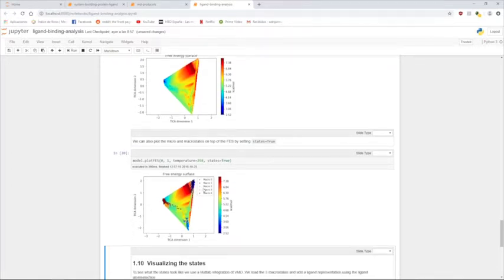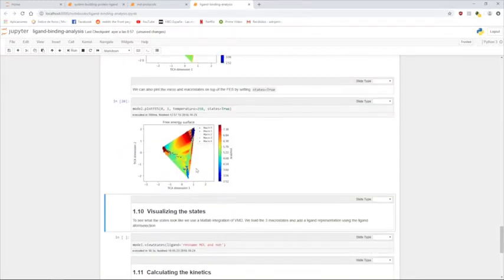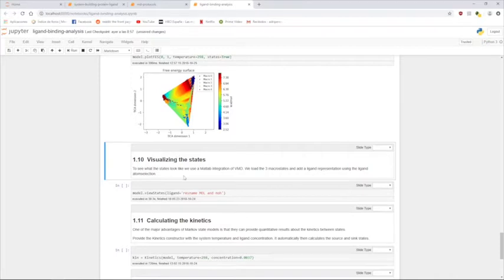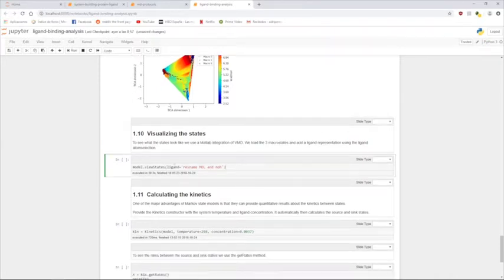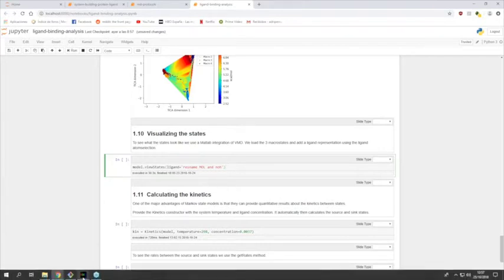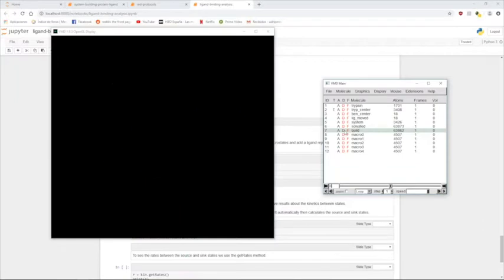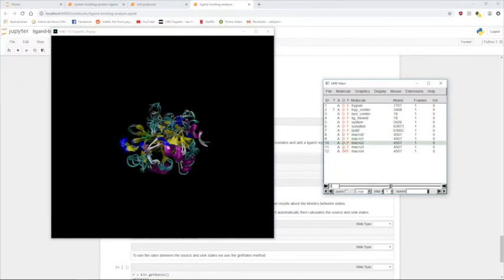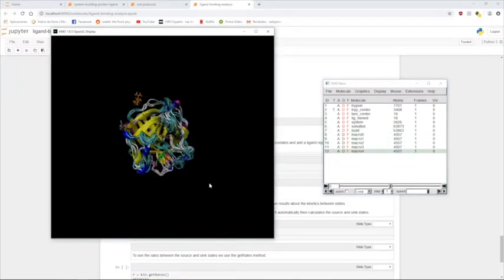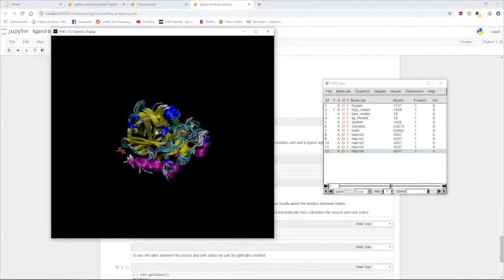We can see the different macro states, okay? And maybe you're not understanding anything here, but we'll now visualize the states. Usually you could do this to visualize the different macro states, but because it won't work now, I have them preloaded here. So these are our 5 macro states, okay?